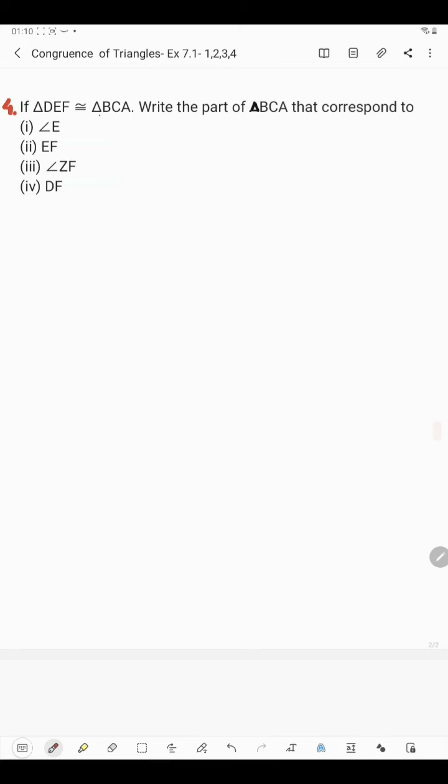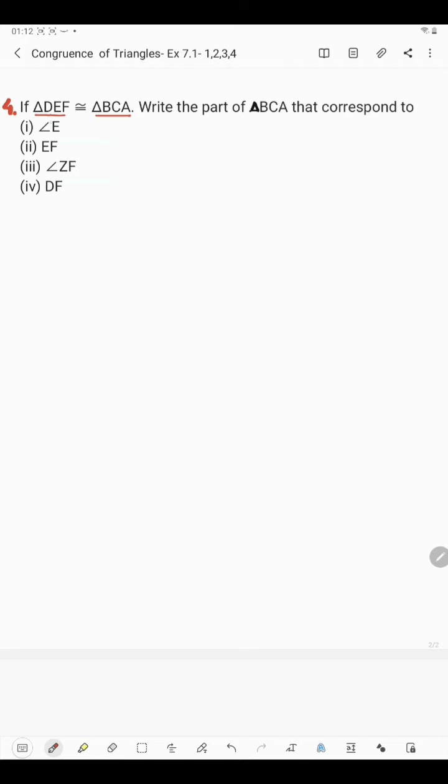Now coming to the last question of this exercise. Question number 4 says: if triangle DEF is congruent to triangle BCA, write the part of triangle BCA that corresponds to this. Two triangles are congruent, triangle DEF and triangle BCA. So we will have to write the part of triangle BCA that corresponds to this part of triangle DEF.